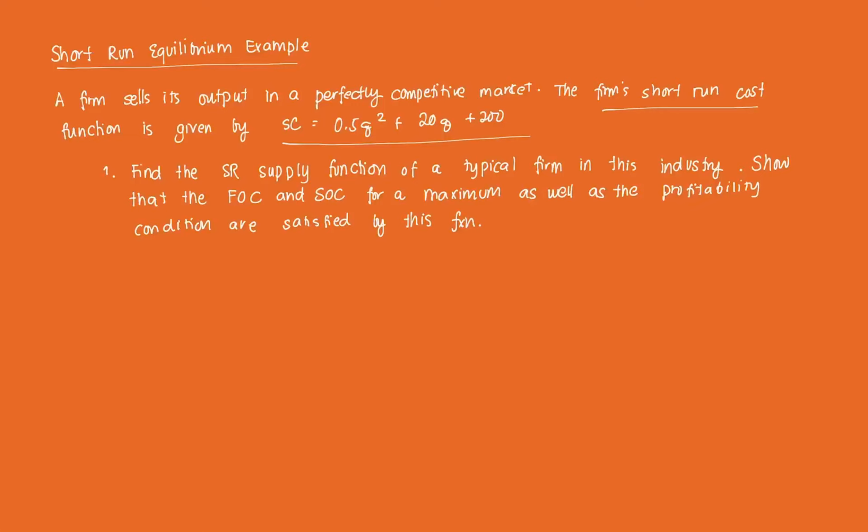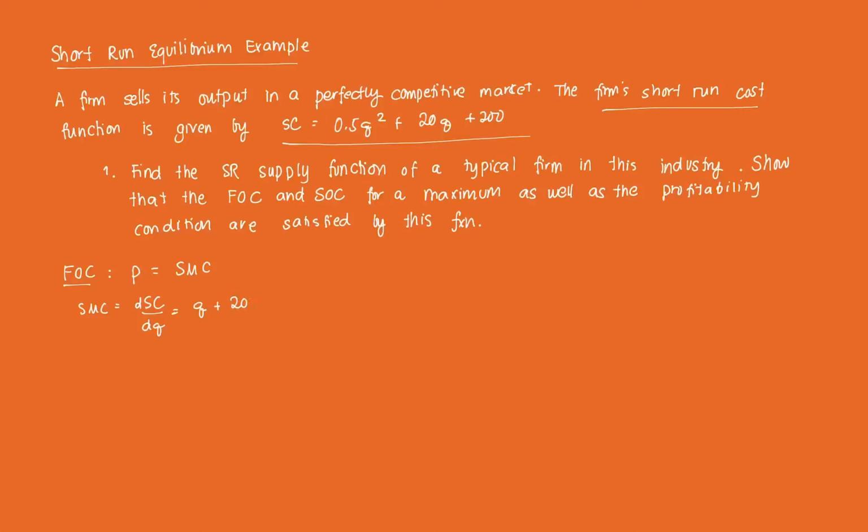So let's start. If you recall from the past discussions, the first order condition to derive the short run supply is that P is equal to the short run marginal cost. To get the short run marginal cost, that's just the derivative of your short run cost with respect to Q, so this is going to be Q plus 20.